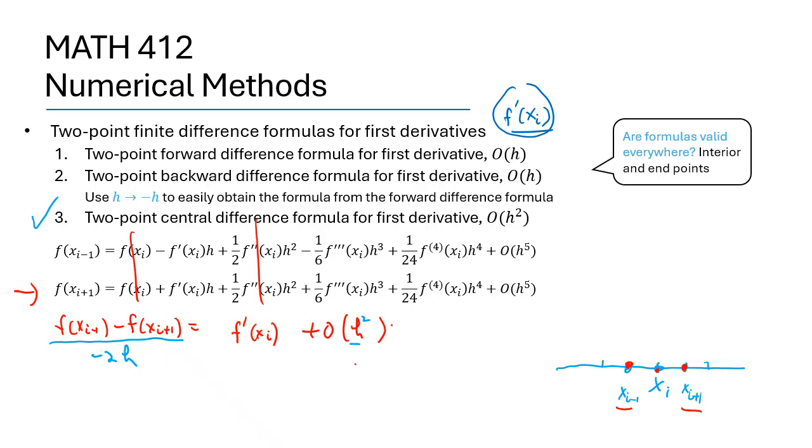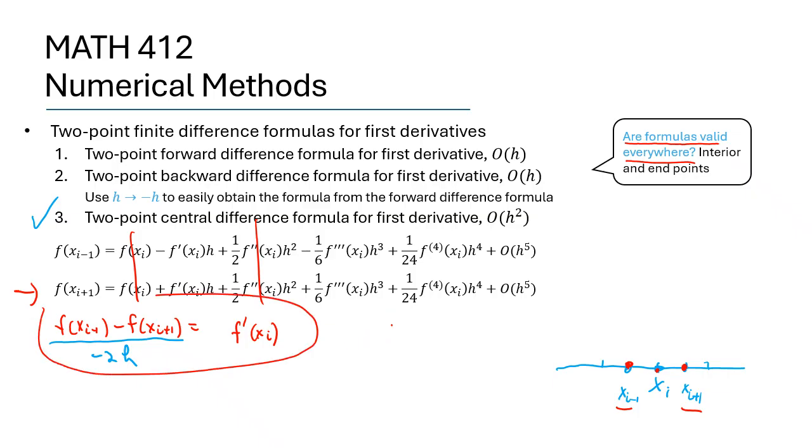Now a question: are the formulas valid everywhere? Take this central difference formula. Sometimes we simply write it this way, ignoring the big O of h squared truncation error. We will not write that it's approximate, we simply write it this way.